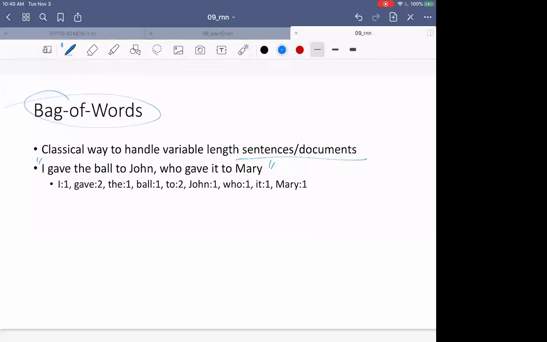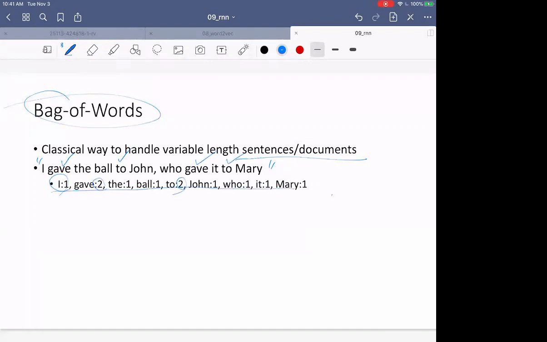Anyway, given this sentence, you can just count the word frequencies. So I one time, gave 2 times, the 1 time, and so on. So this is your sentence representation.